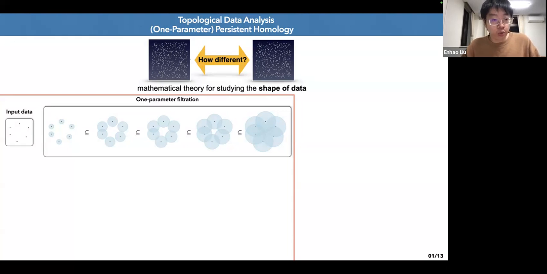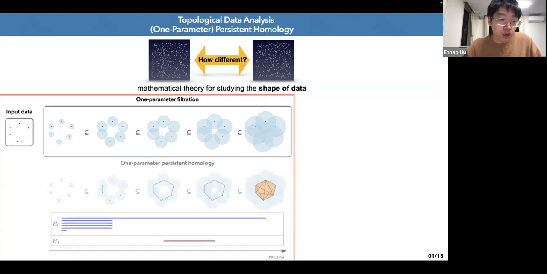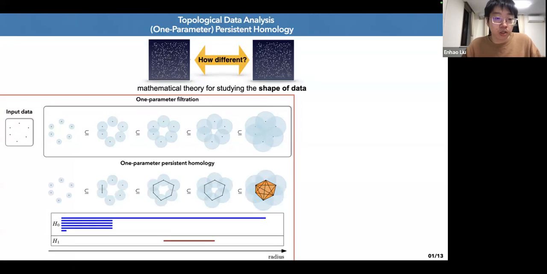And then, of course, we apply homology, normally with field coefficients, and we get a sequence of K-vector spaces. Later I will formalize this, but for now, this is a sequence of vector spaces connected by linear maps.